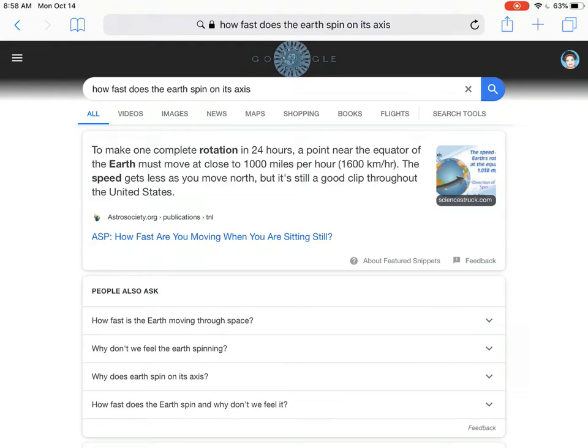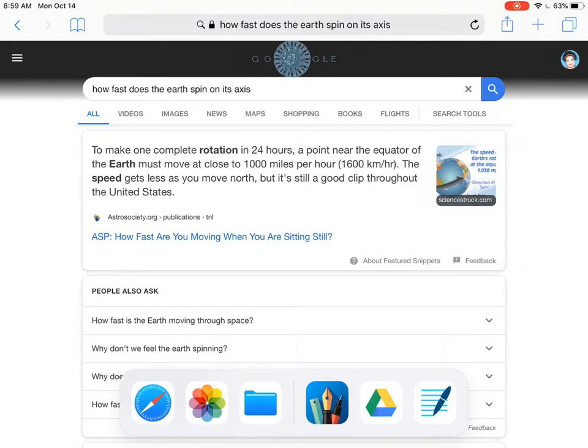This is a .org source, astrosociety.org. So that makes me think that it's a little more reliable than some that we could find. But let's read this. It says, to make one complete rotation in 24 hours, a point near the equator of the Earth must move at close to 1,000 miles per hour, or 1,600 kilometers per hour. The speed gets less as you move north, but it's still a good clip throughout the United States. So we are spinning around the axis at 1,000 miles an hour.